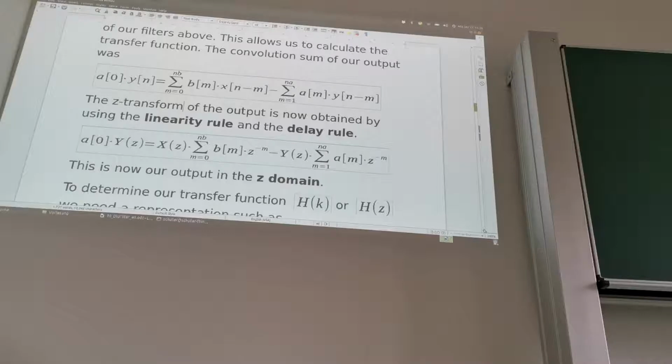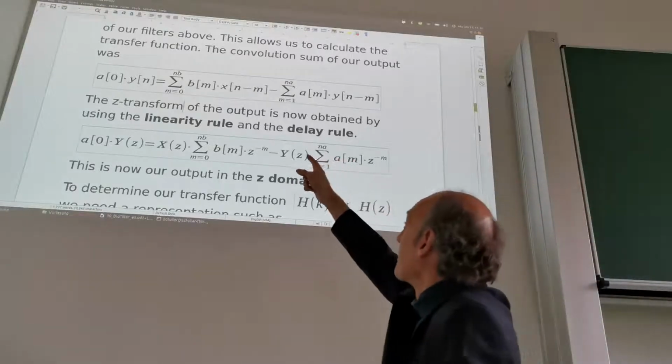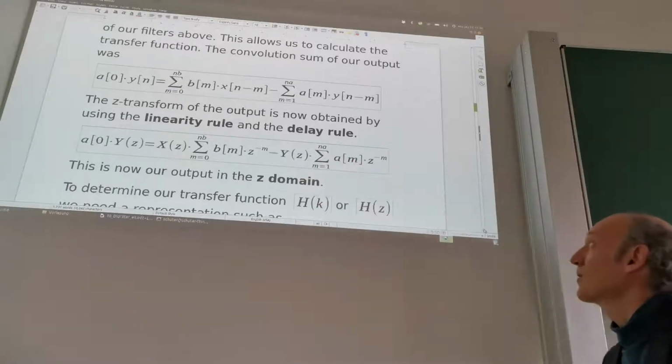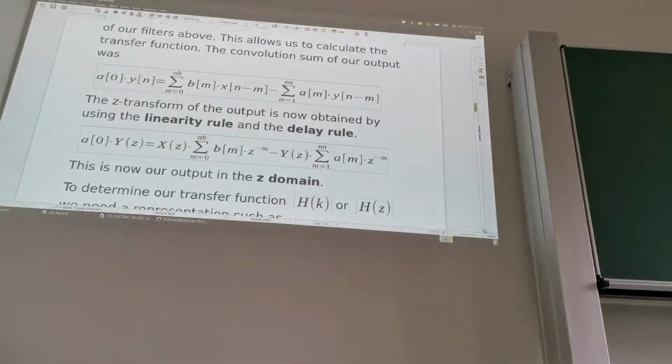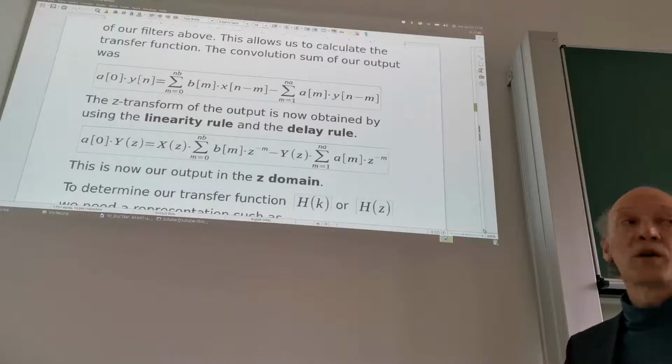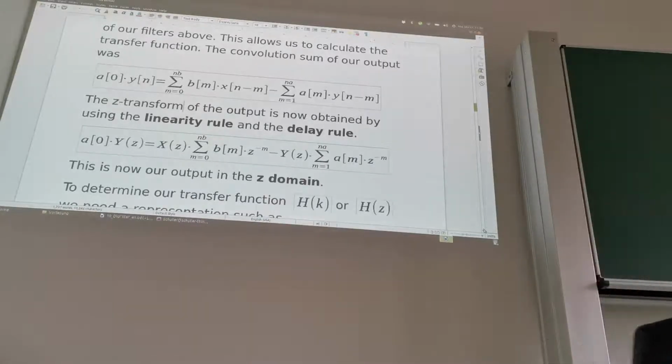Then on the right hand side we have those sums, and we can see the first sum contains x of n minus m, and the z-transform of x of n minus m is simply X of z times z to the minus m. So we replace each of those expressions here by z to the minus m times capital X of z.